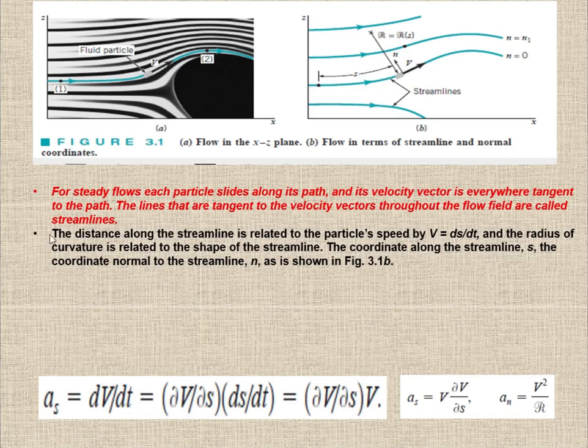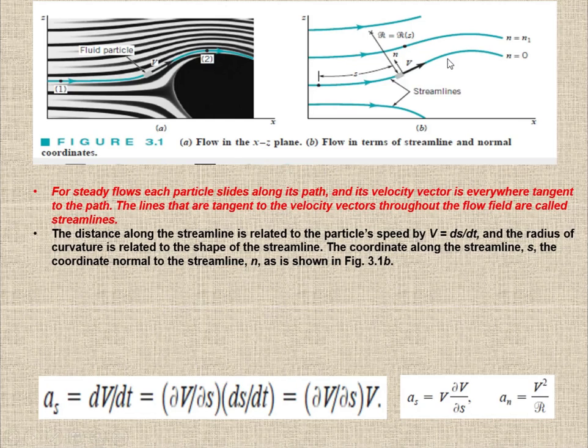The distance along the streamline is related to the particle speed, since the change in position with respect to time is called speed or velocity, and the radius of curvature is related to the shape of the streamline. Whatever the shape, this curve has a radius, and that radius is called the radius of curvature.